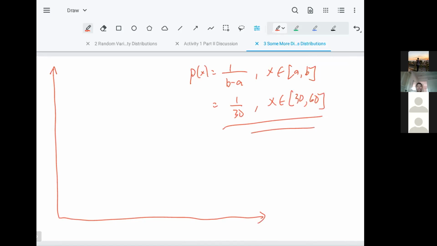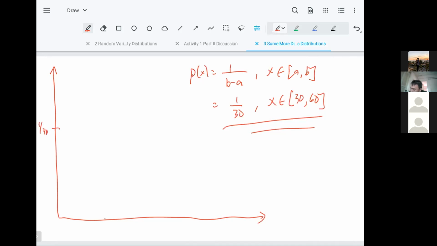Anong itsura niyan? P of X equals 1 over 30. Ano ba yan? Parabola, line, squiggly, putol-putol. Line lang, di ba? Horizontal, vertical, o diagonal? Horizontal, right?